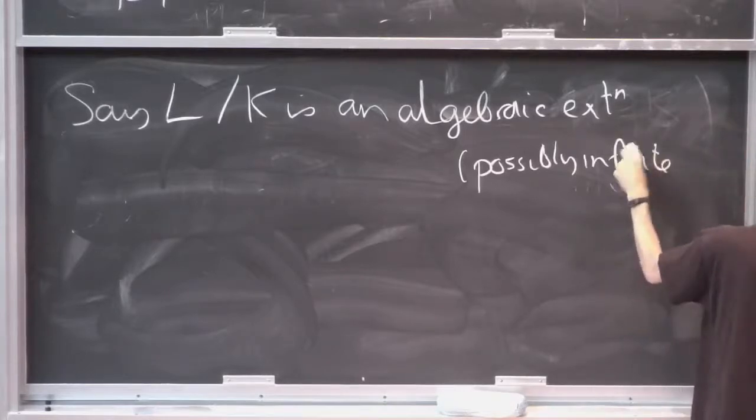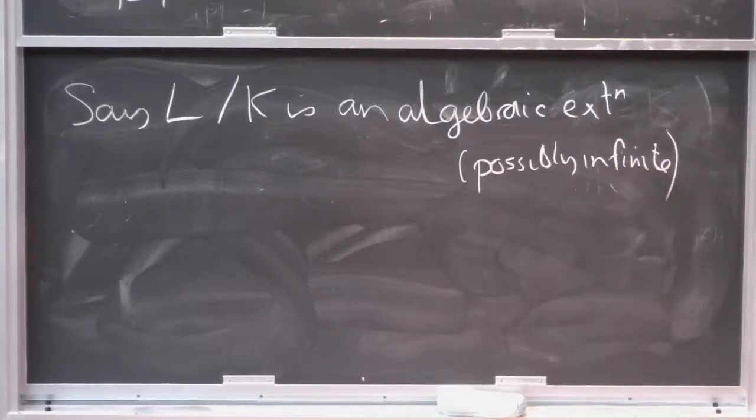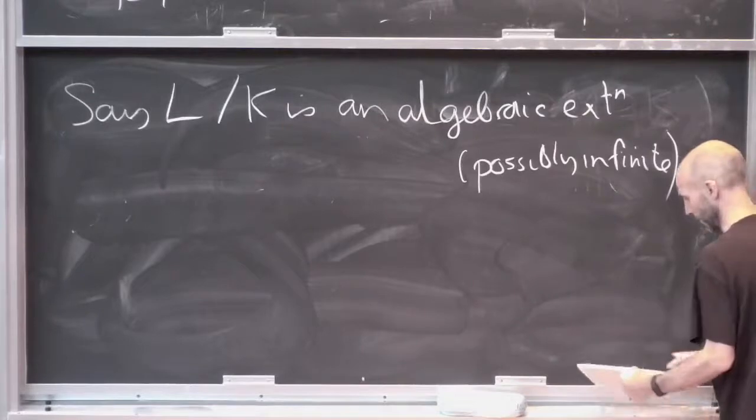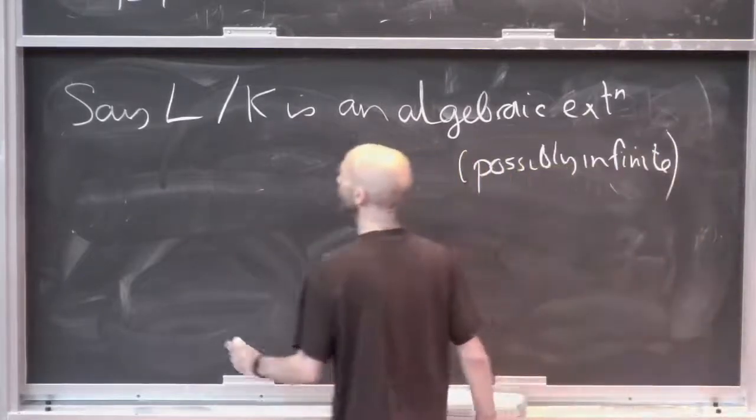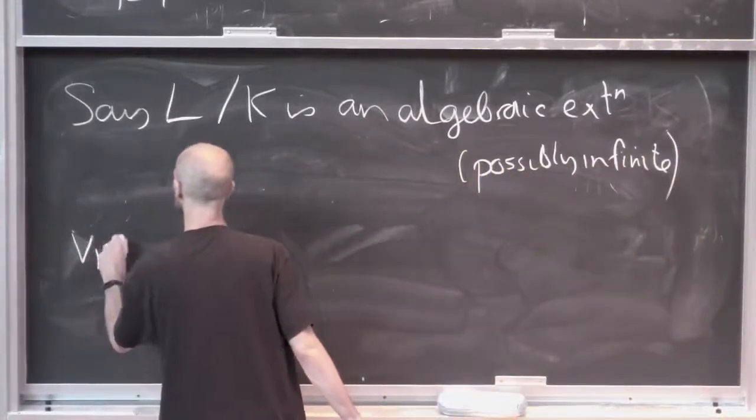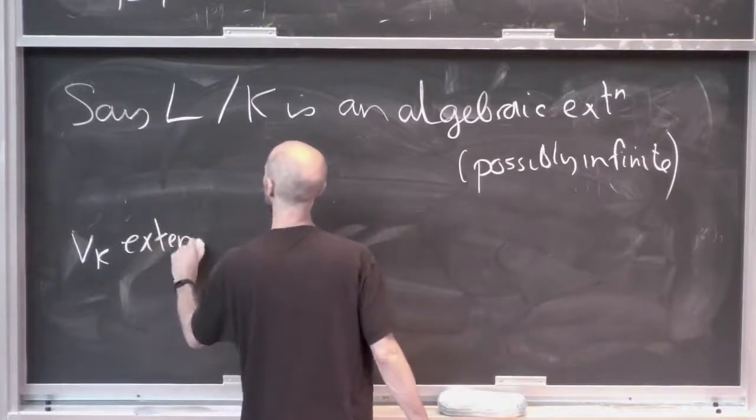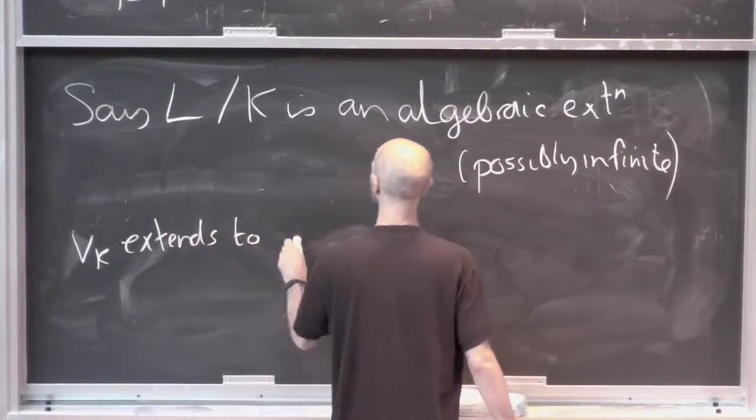If you're slightly scared about infinite extensions of p-adic fields, then honestly you can stick to the case L over k finite. So now, you see, there's going to be a valuation on L, right? So Vk extends to a map L star.